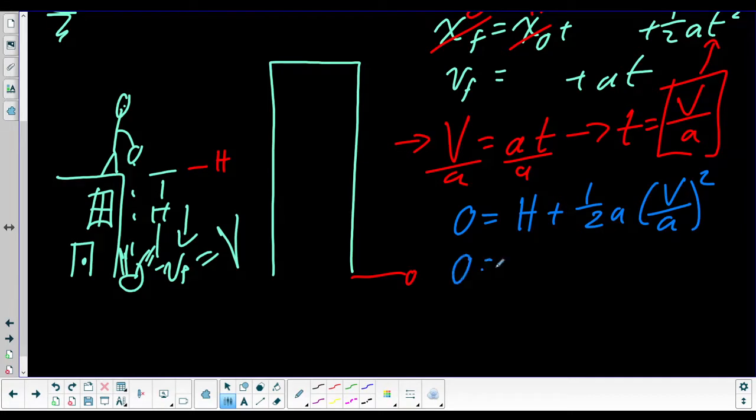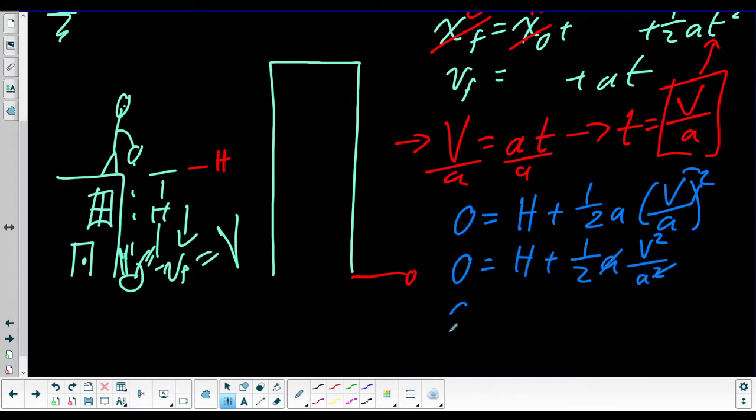So we have 0 equals h plus 1/2 a. The way this squared works is v over a times v over a. So you're just going to distribute the 1/2 in. So we're going to have v squared over a squared, and then this a can cancel one of these a's.